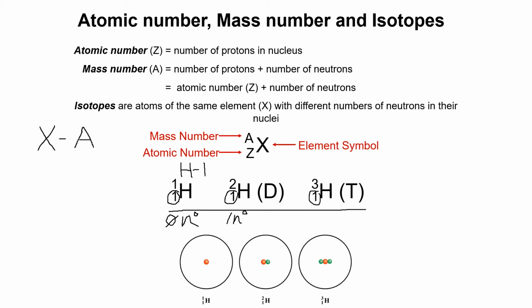It has, of course, 1 proton, and it has 2 neutrons. So, in order to determine the number of neutrons, we're just subtracting the atomic number from the mass number, and we get 2 neutrons. So we could also represent deuterium with an H-2 and tritium with an H-3.